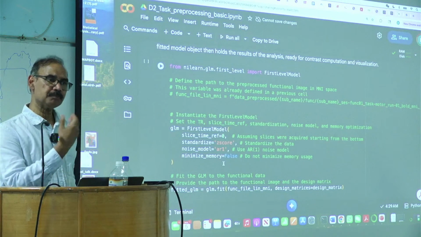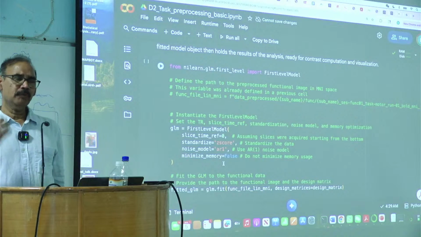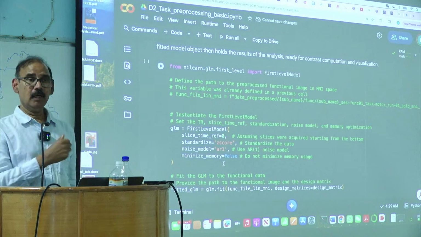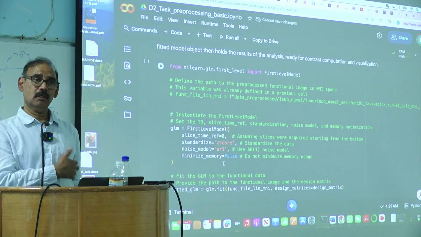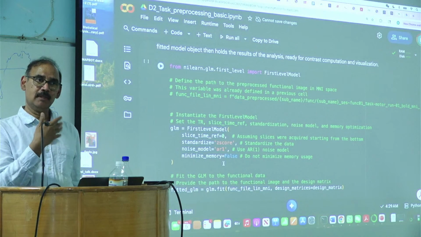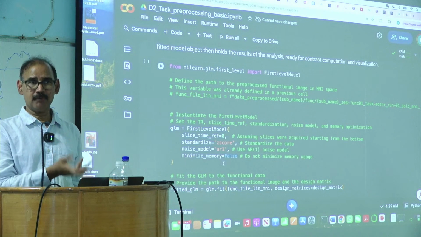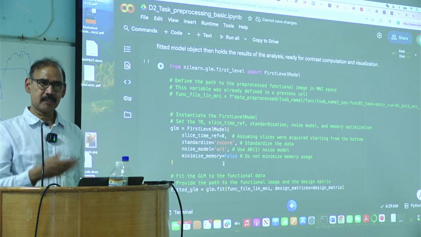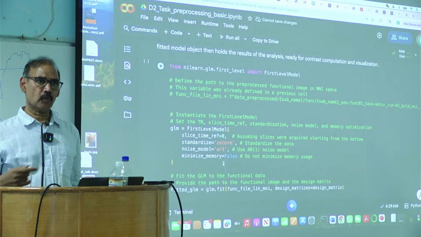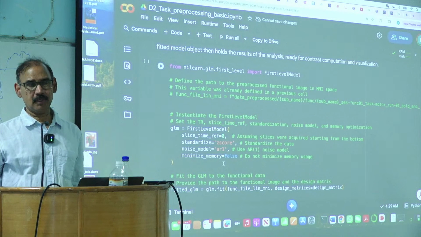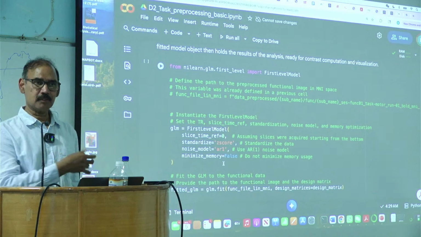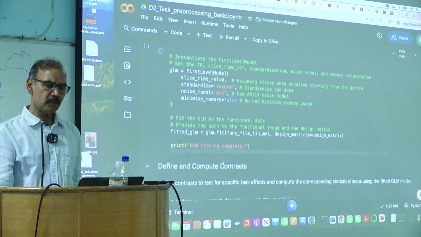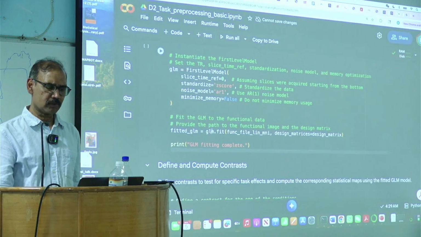So why do we take an autoregressive noise model? Because the signals that we get are physiological in nature, and we have heart rate, respiration, and other signal sources which are autoregressive. That is why we use this. But you can try other ones also.